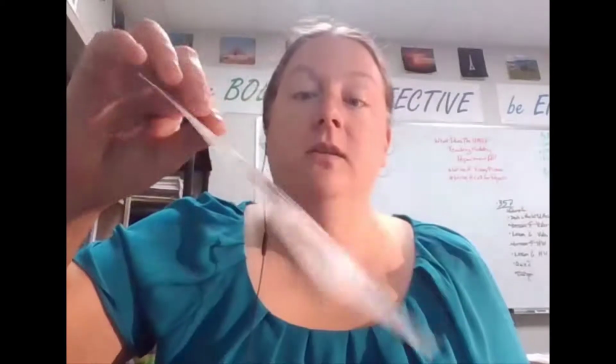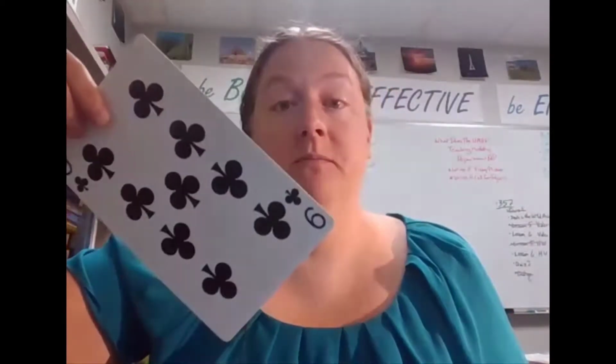All right, I've pulled the 4 of diamonds out. Now if I put the 4 of diamonds back into my deck of cards, I shuffle them around a little bit, and I go to pull a second card, I am just as likely to pull a 4, a diamond, a spade, a club, whatever, the second time. There we have a 9 of clubs, as I was the first time.